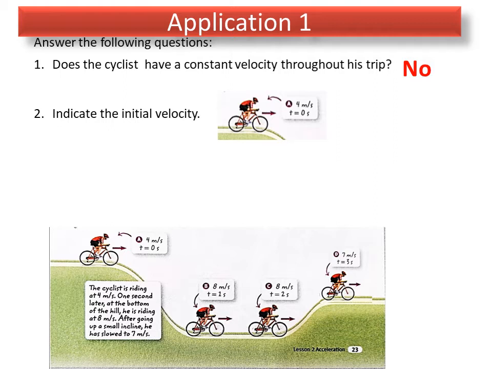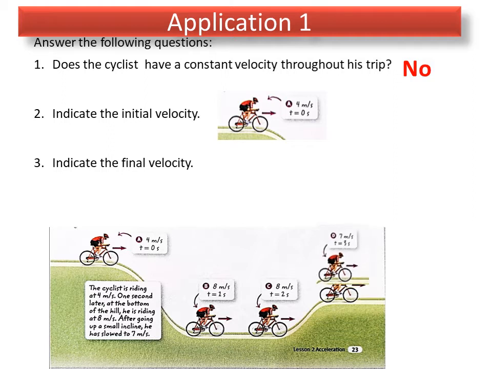Don't mention the time. Question 3: indicate the final velocity. The final velocity is the one at position D, which is 7 meters per second. Now I want you to continue questions 4, 5, and 6, but I have put them on different slides.